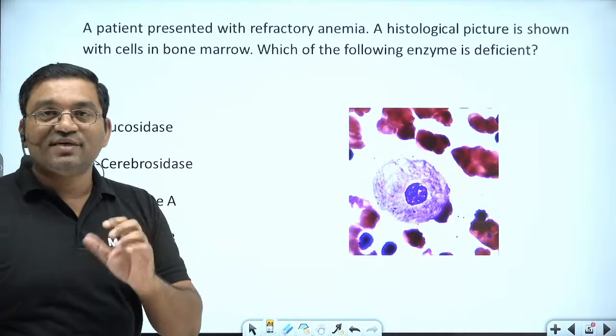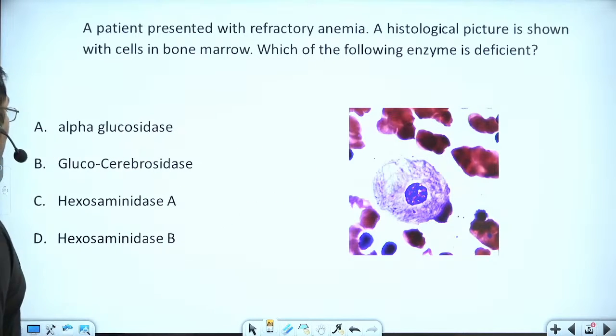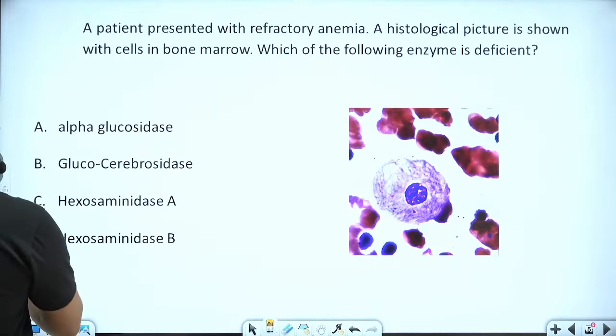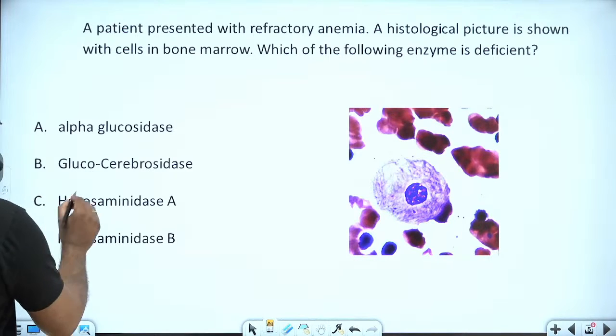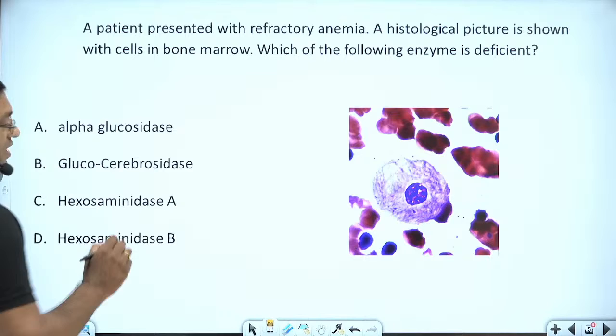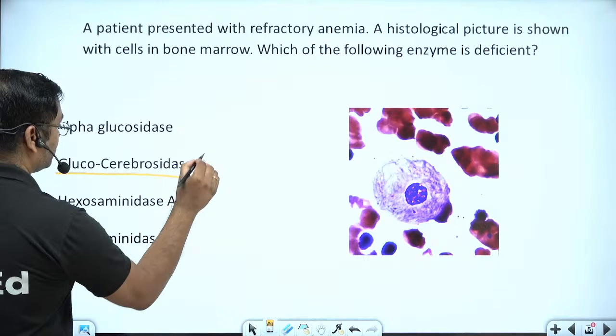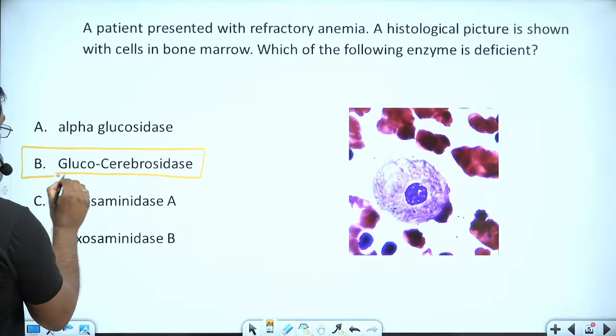Now, which enzyme is deficient in Gaucher's disease? So here the answer is beta glucosidase. Another name is glucocerebrosidase. This is the answer.